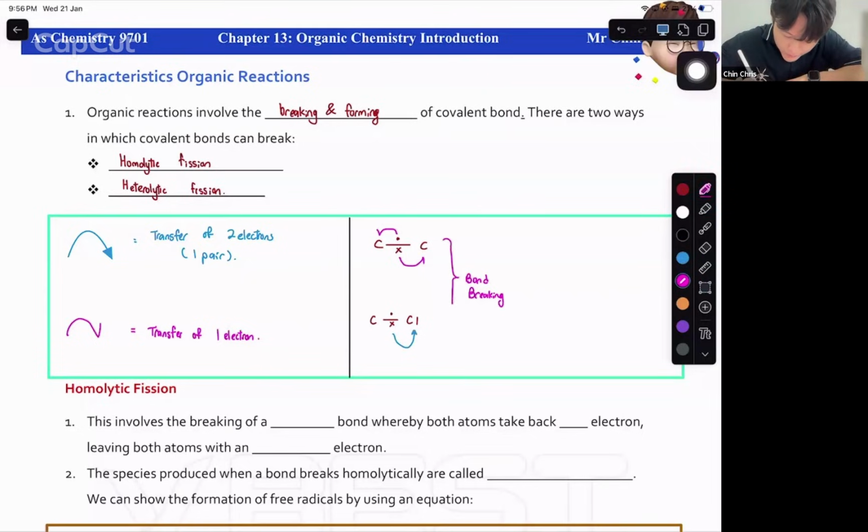This will also result in bond breaking. Alright kid, how to show a forming of a covalent bond?